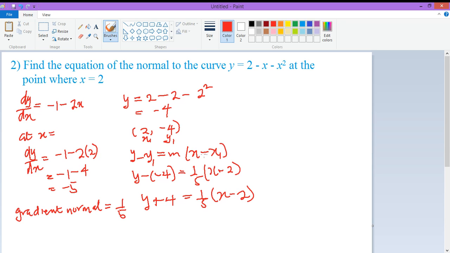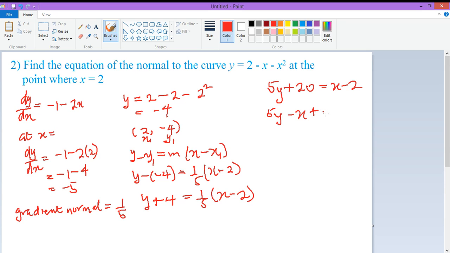We clear fraction by multiplying 2 by 5. So we'll have 5y plus 20 is equal to x minus 2. Grouping all together, 5y minus x plus 20 plus 2 is equal to 0.